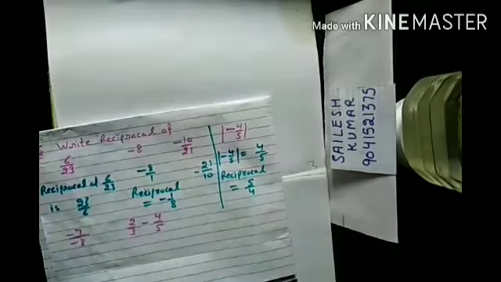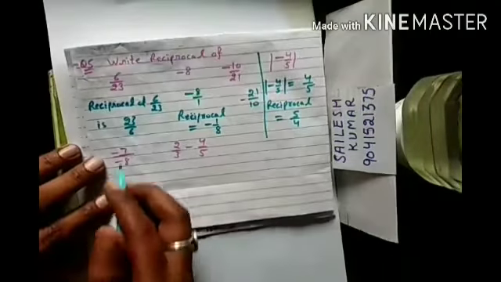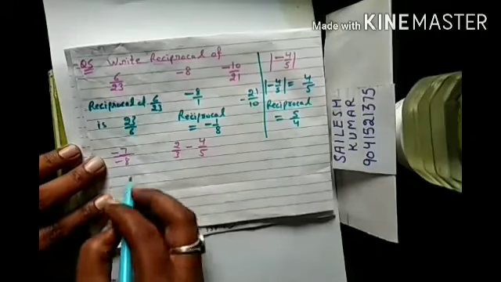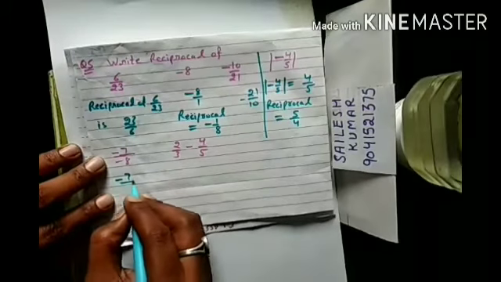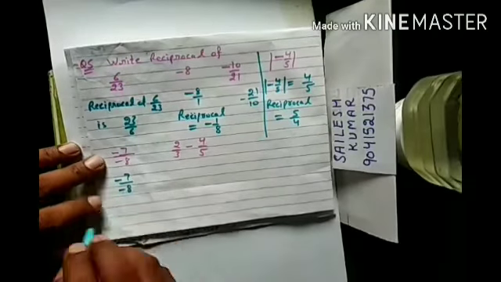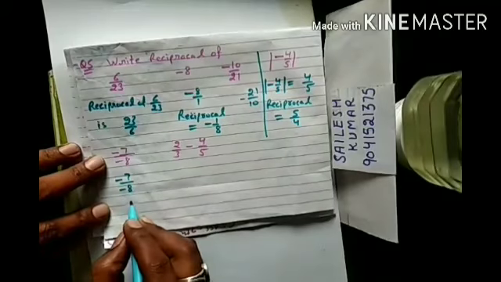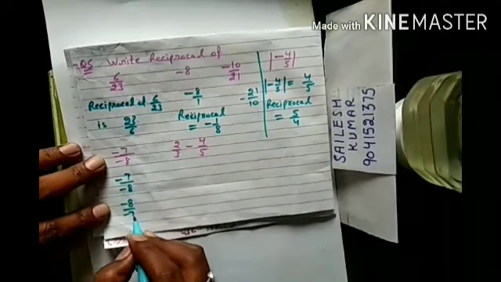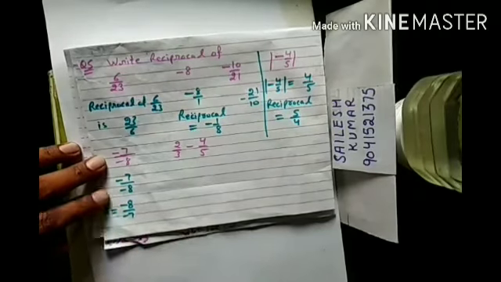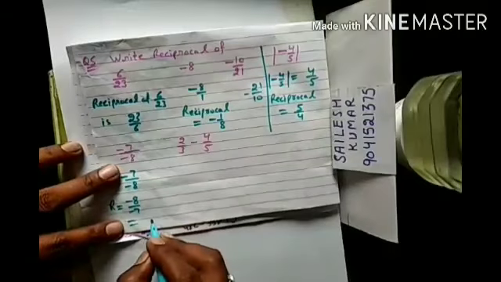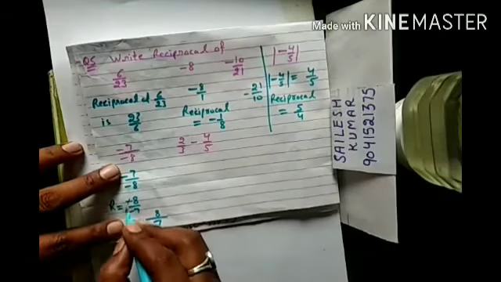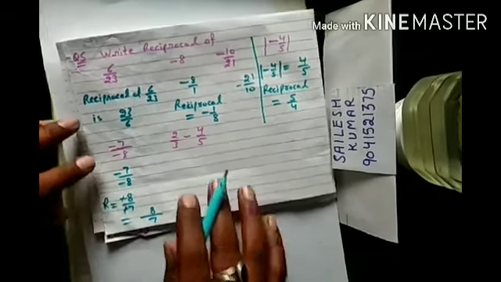This is the answer. Here minus 7 and minus 8. Its reciprocal will be minus 8 over minus 7. The reciprocal will be this, and we can write it like this by cancelling the negative symbols.